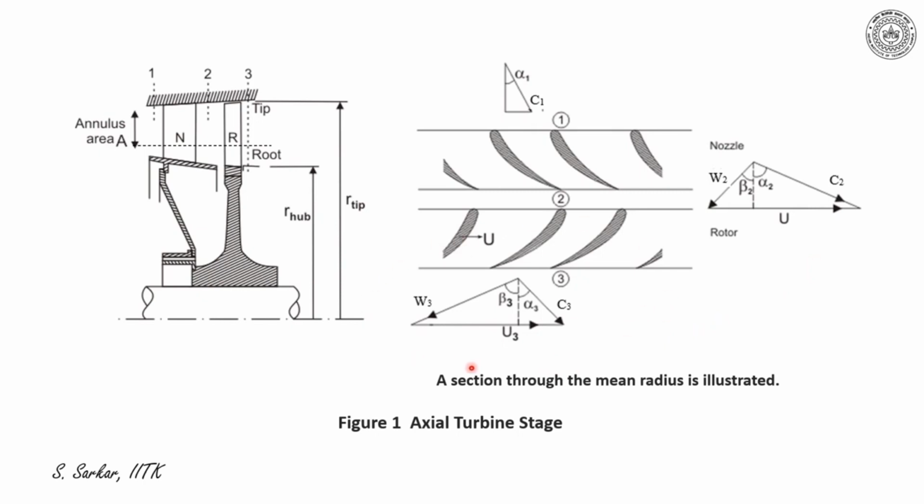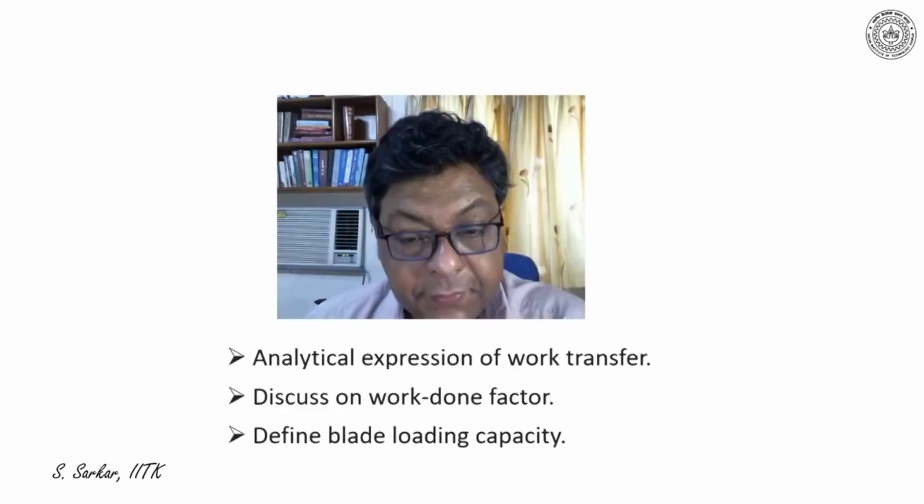So this is the velocity triangle for a compressor stage, and I hope you have appreciated the different relative and absolute velocities.